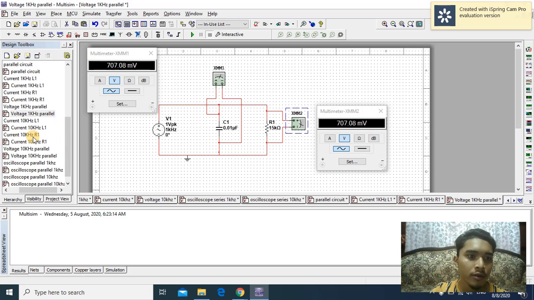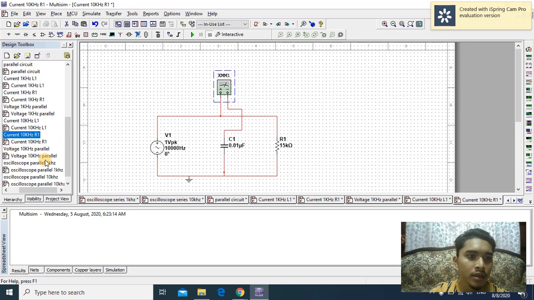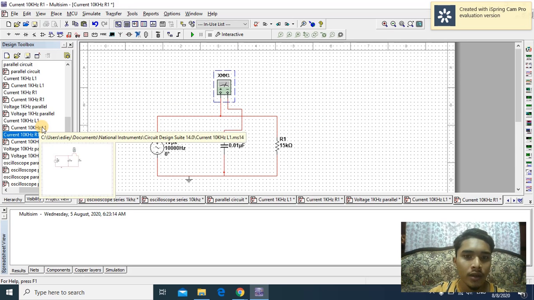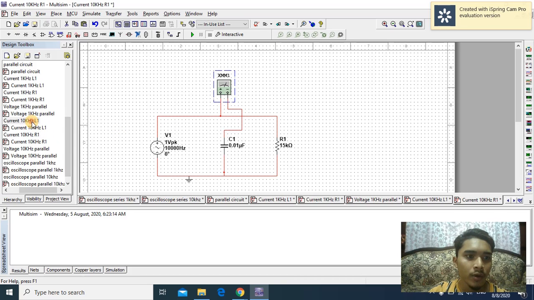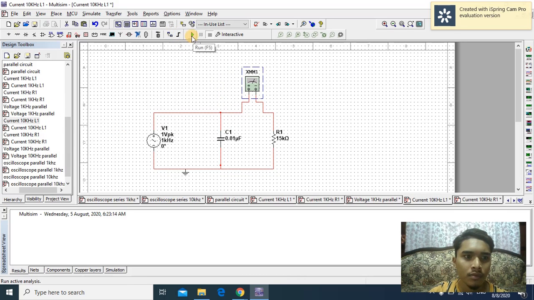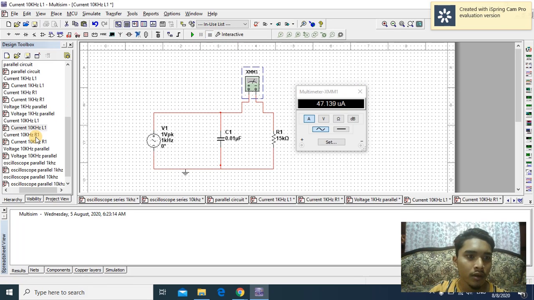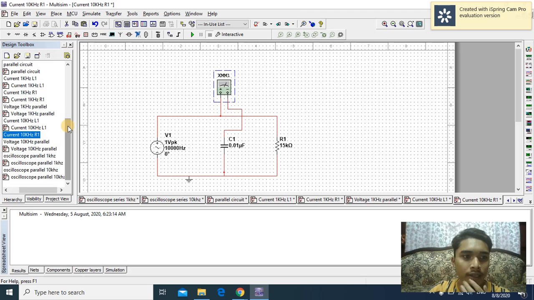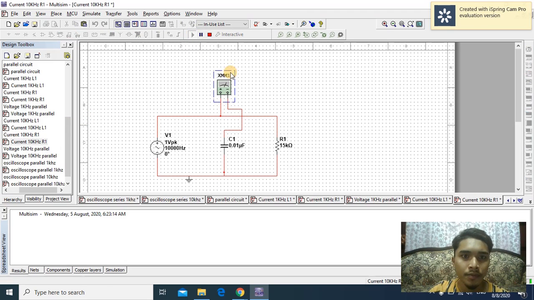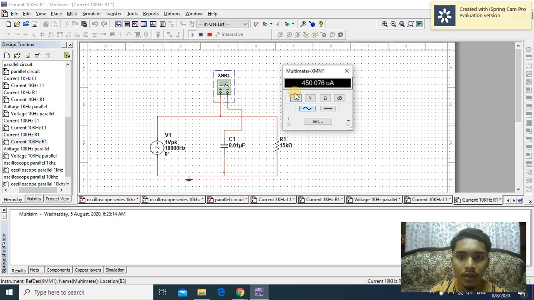Next, we move to measure the current for 10 kHz at L1. The reading we get is 47.139 microampere. Next, the current at 10 kHz at R1. Then we get the reading of 450.076 microampere.